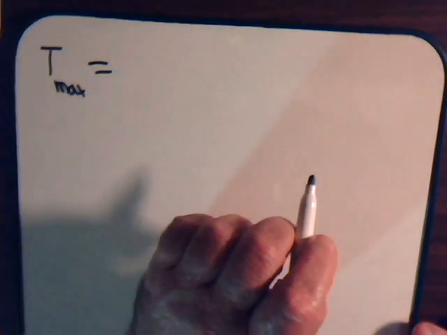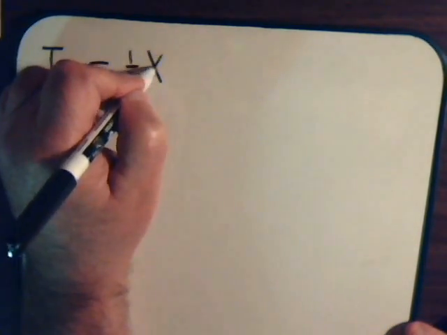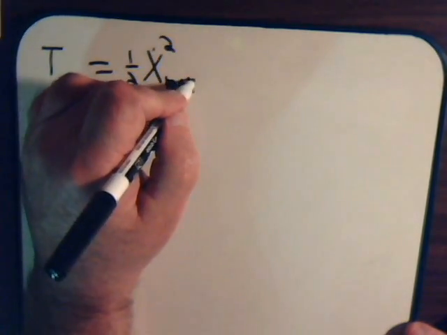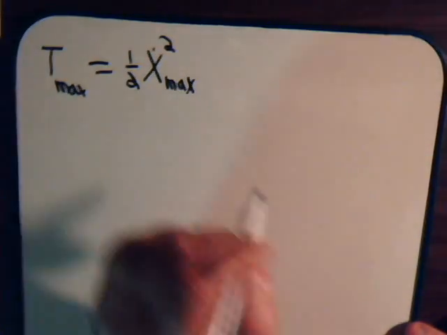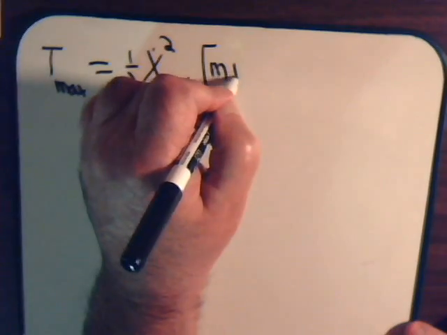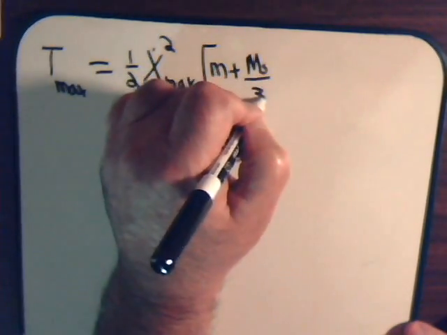So, maximum kinetic energy, that was equal to 1/2 x dot squared maximum, the maximum velocity of the block, times the mass of the block plus the mass of the spring divided by 3.